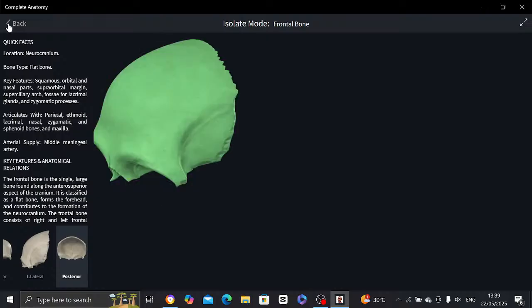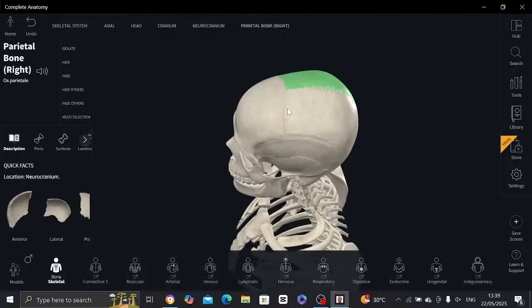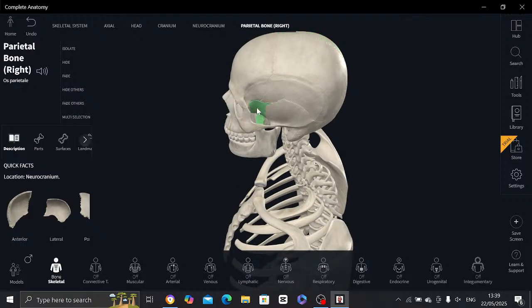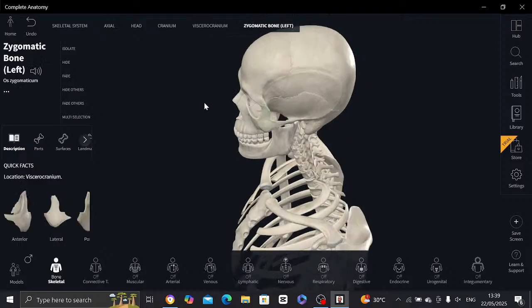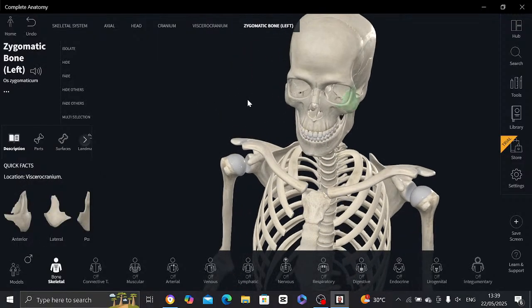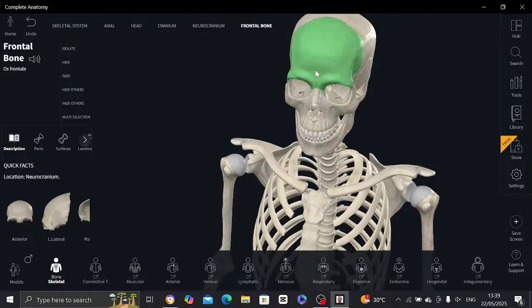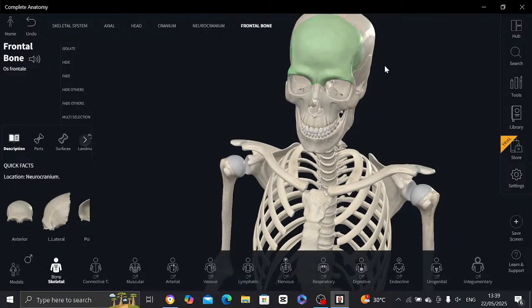It also articulates with the sphenoid bone inferiorly, with the zygomatic bone, also inferiorly, and anteriorly with the nasal bones and with the maxilla. So generally, it has a lot of attachments.